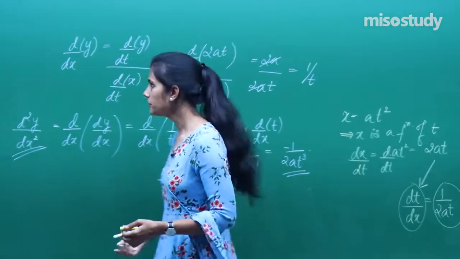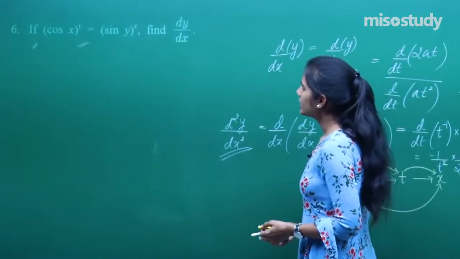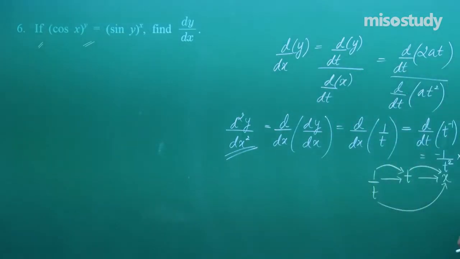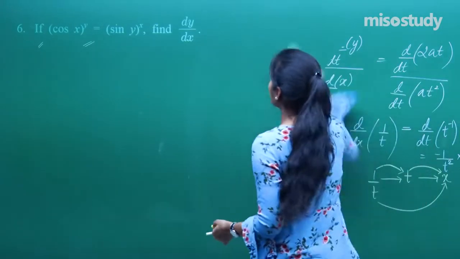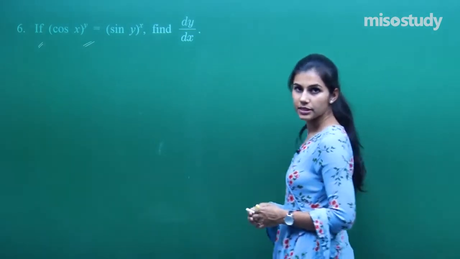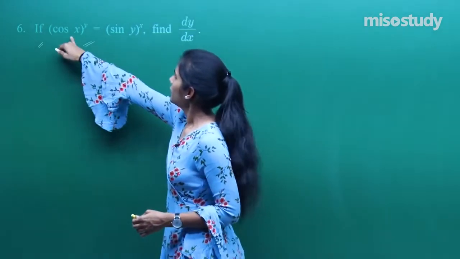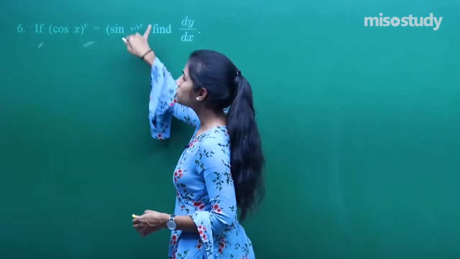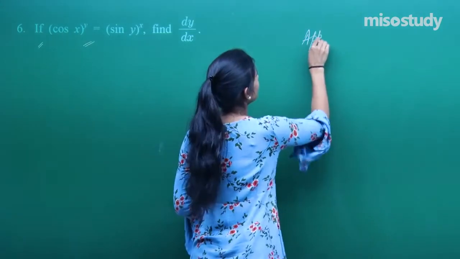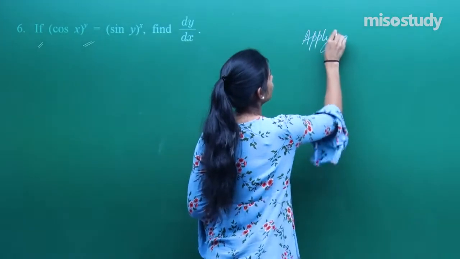Fine. Obviously, t and a are coming in the denominator, so they are all non-zero values. Clear? Next question says that if cos x whole to the power y is equal to sin y whole to the power x, find dy by dx. Now, clear indication is there of logarithmic differentiation, isn't it? Function to the power another function. So I will be applying log both sides, obviously log to the base e.